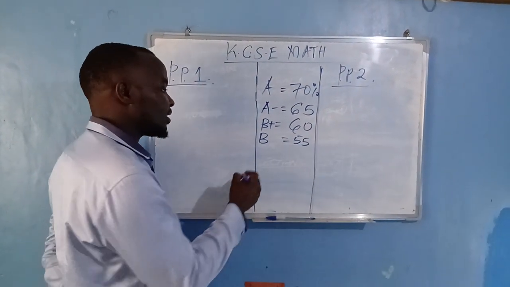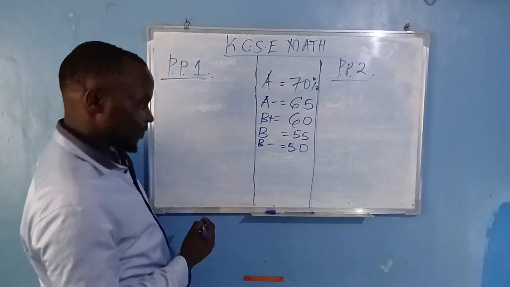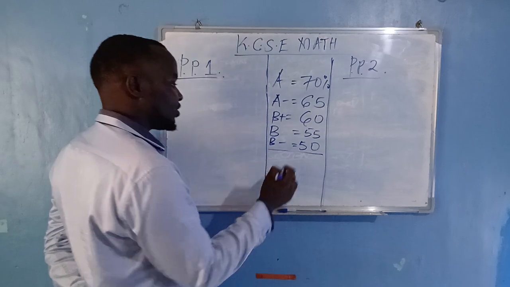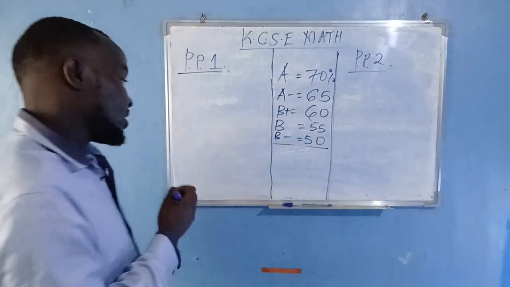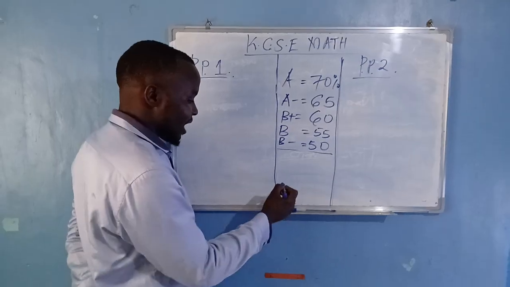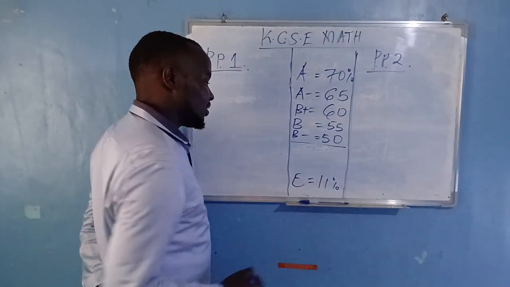You can see the pattern. A B minus was from 50 marks or thereabouts, and then anyone below 50 would score a C plus and such. Just for your information, an E was starting from 11%.